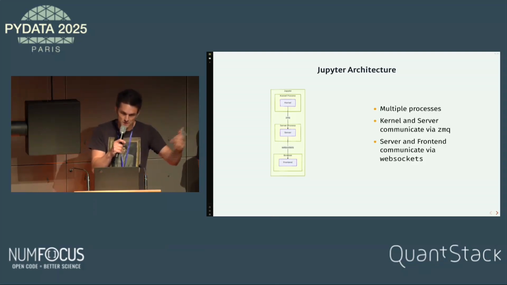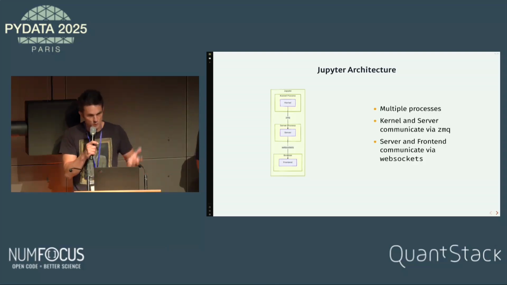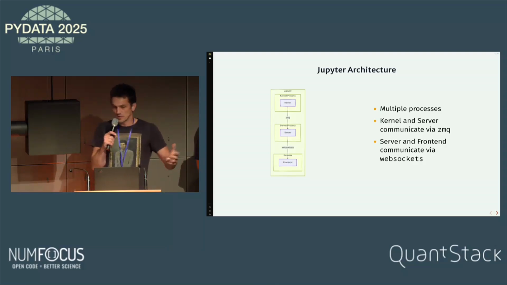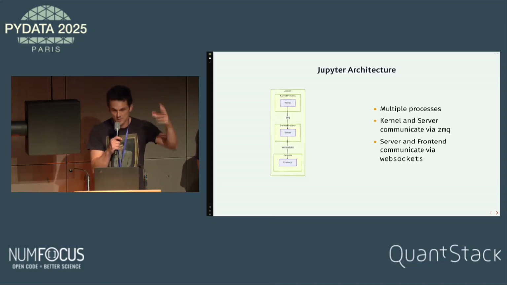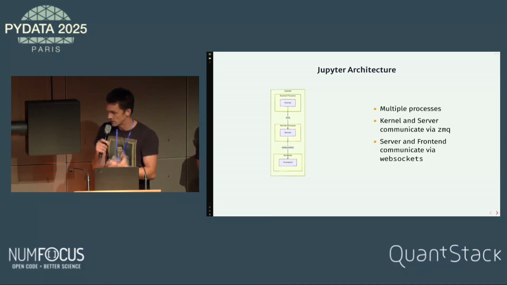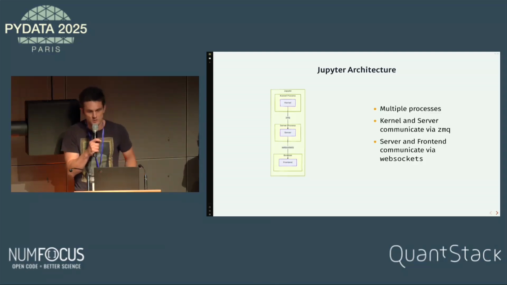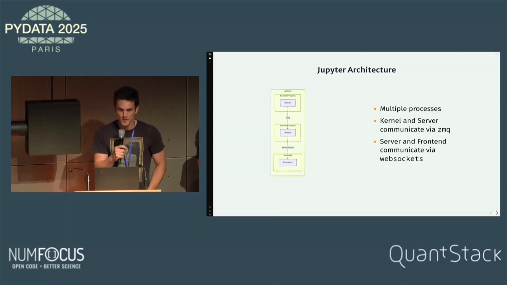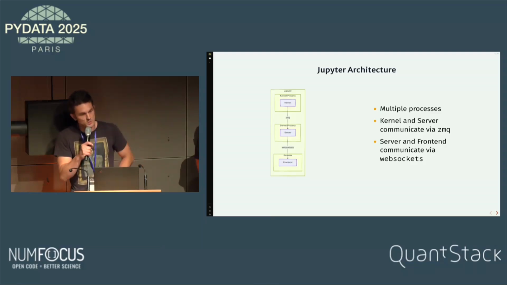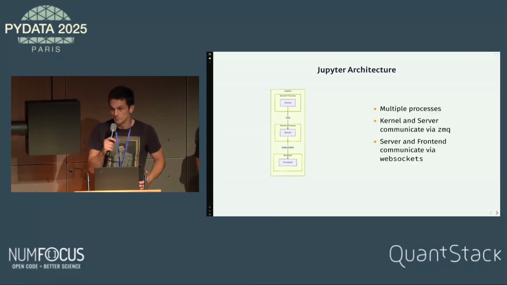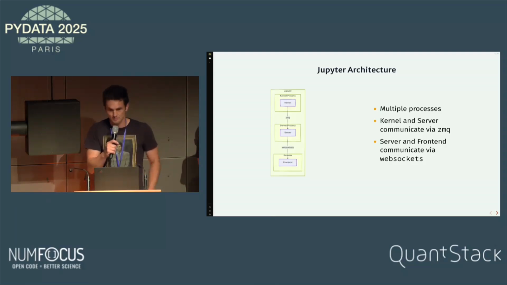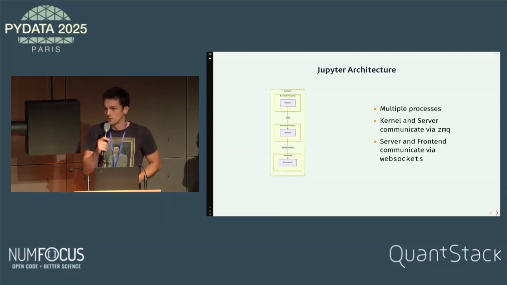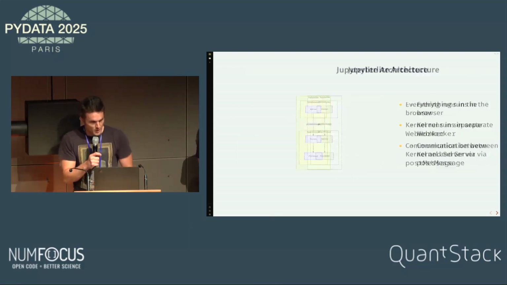You have a kernel for Python, a kernel for C++, a kernel for Lua. They run in their own dedicated process, and they are connected to a server, which is again a different process, and they communicate over sockets via ZeroMQ. Then this server is connected to a front end with WebSockets. The front end is essentially just your browser. So this is the ordinary Jupyter like we know it and we like it.